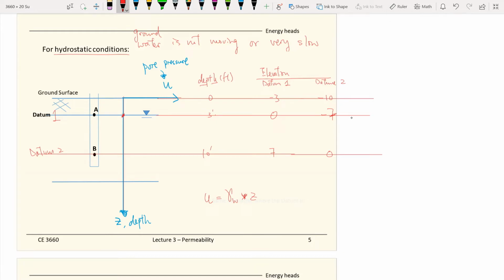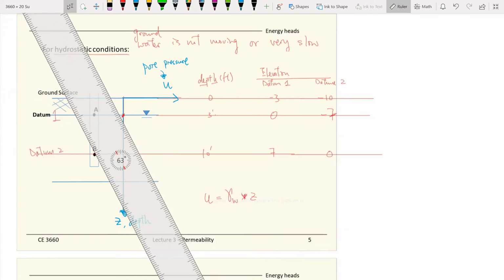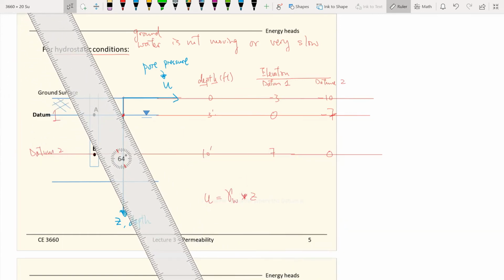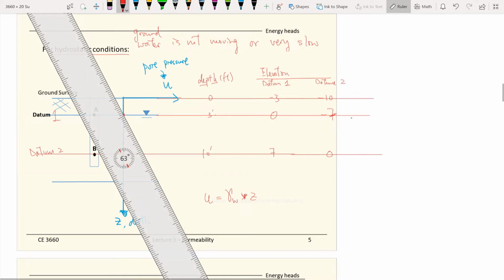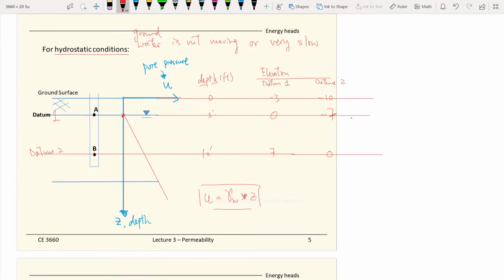After that, the water pressure increases linearly with the depth, because of this equation. It has a slope equal to the unit weight of water.